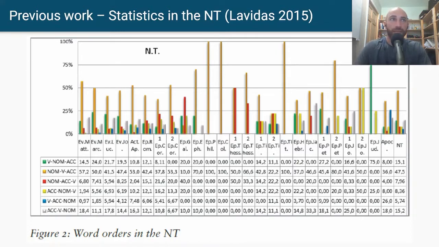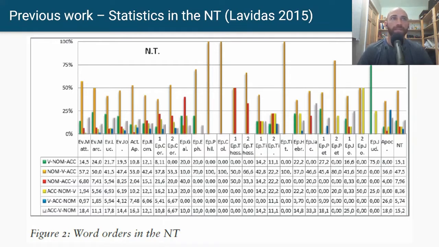But his data, so he looked for all clauses with nominative and accusative. So nominative subject, accusative object, and a verb, and nothing intervening. And all clauses in the New Testament. He actually did it for the Septuagint as well. And the Septuagint data is also very interesting.